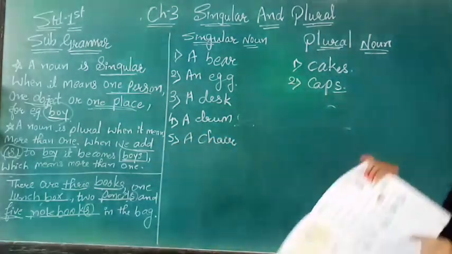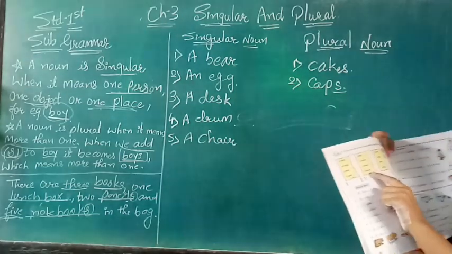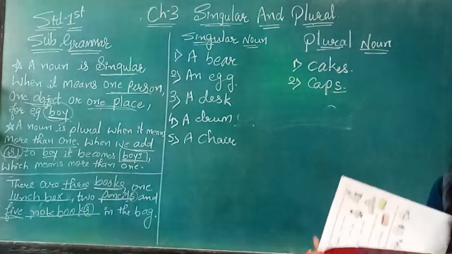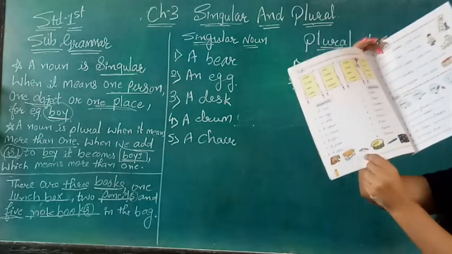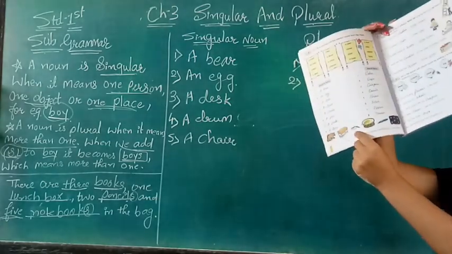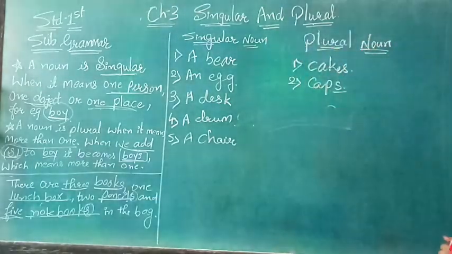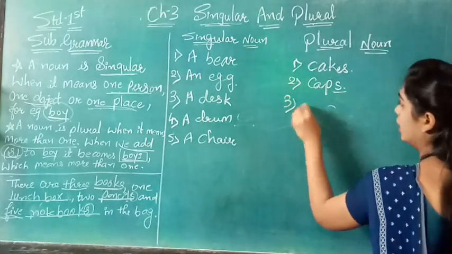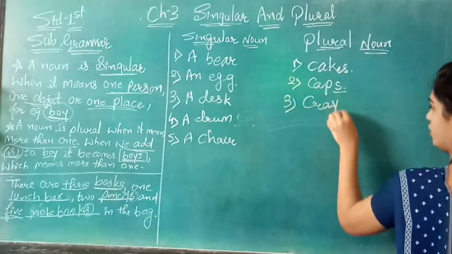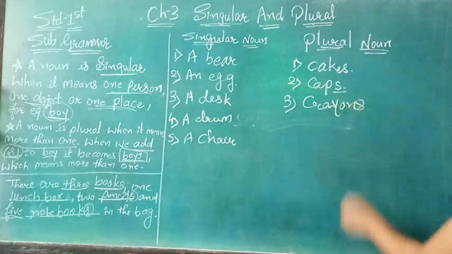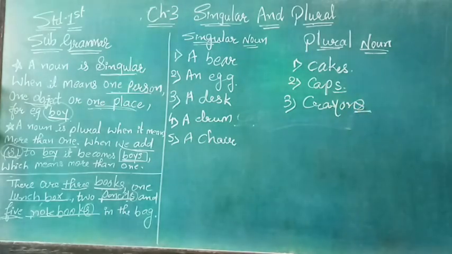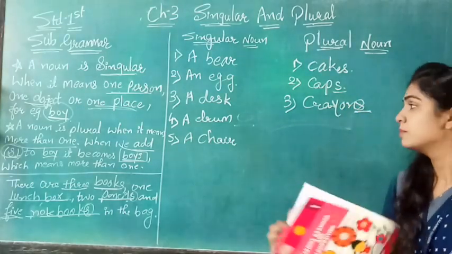Okay, now see next one. It is crayons. Crayons means the colors you are using, right? See here, crayons we have given, with S in the last. There are many crayons, so we will write C-R-A-Y-O-N-S, crayons, in plural nouns.